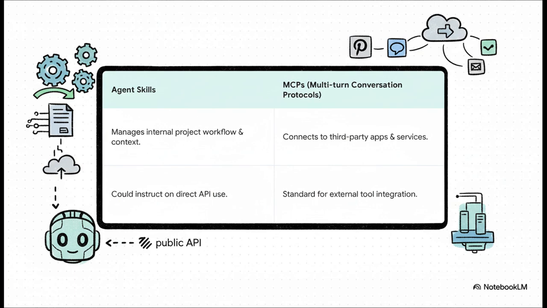Agent skills are for teaching an AI how to use the tools inside your own workshop, your internal code, your project files. MCPs, on the other hand, are like a universal remote that lets the AI control other people's stuff, like external, third-party apps. For now, skills are about your internal world, but you can easily see a future where a company just publishes a skill for how to use their API, which could make integrations way, way simpler.